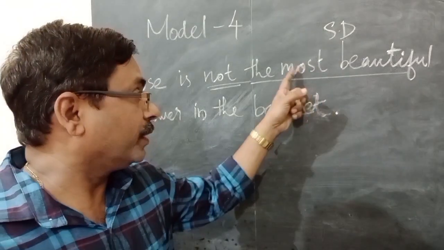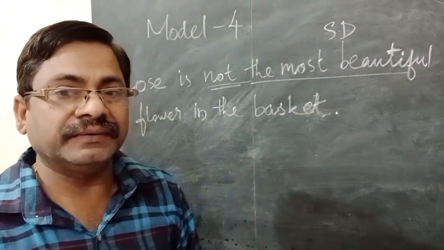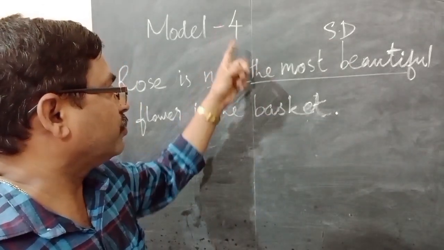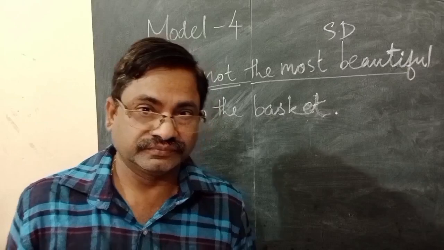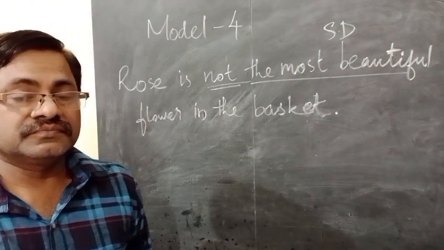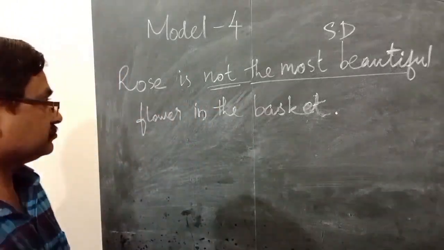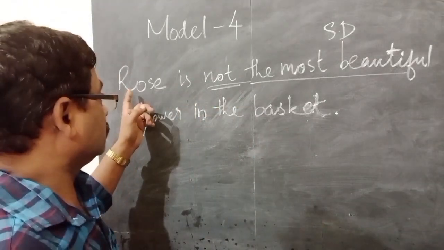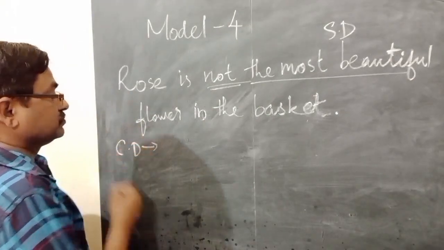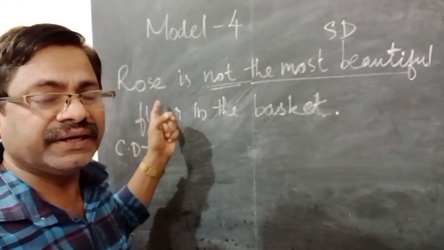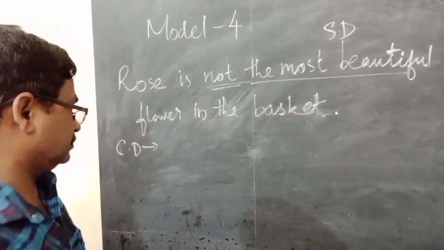Next, superlative degree preceded by one of. That is the third model. And now the fourth model is superlative degree preceded by not. Negative. Then what is the answer? As usual, comparative degree first. Comparative degree, like superlative degree, should begin with or start with subject and verb.